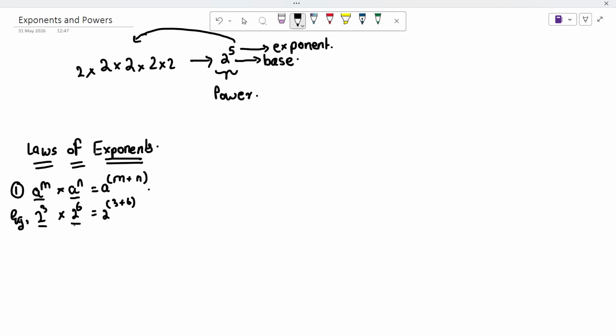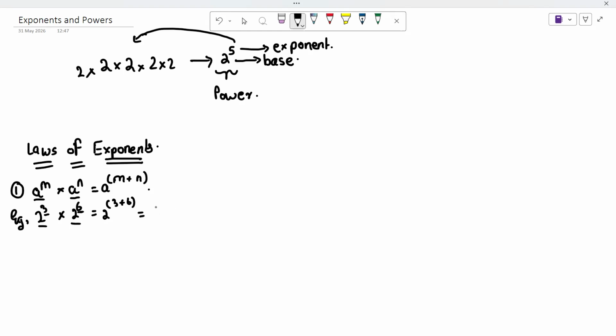Okay, it has same bases. Does it have same powers or different powers? Same bases and different powers. Well, this automatically means the first law, a power m into a power n, gives you a power m plus n. Let's apply that. So 2 power 3 into 2 power 6 is equal to 2 power 3 plus 6.